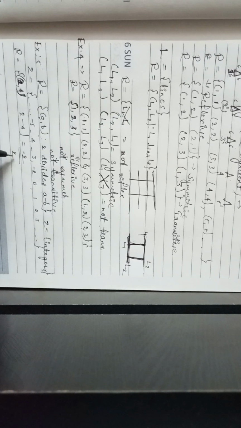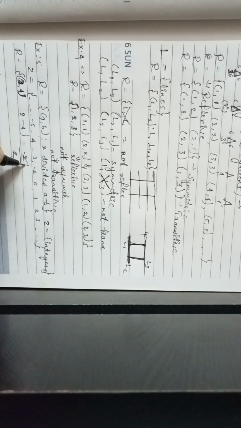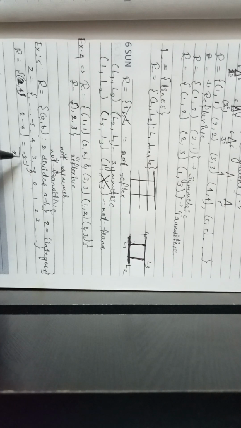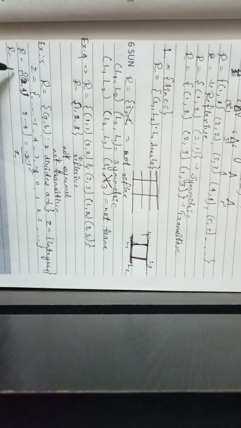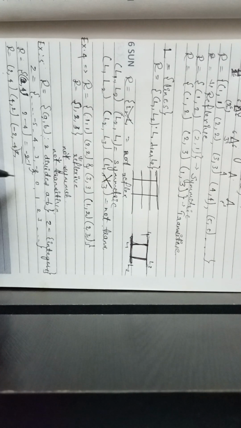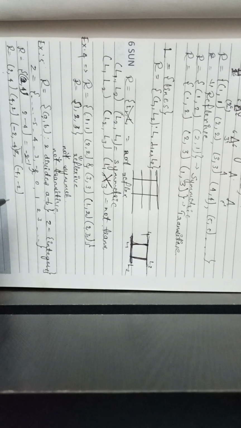When I divide it by 2, it will be minus 1. So this belongs to the set Z. So I can define the relation as 2 comma 4, also 4 comma 2. You can also define it as minus 2 comma minus 4 and minus 4 comma minus 2, and so on. We will get a set of relations here.